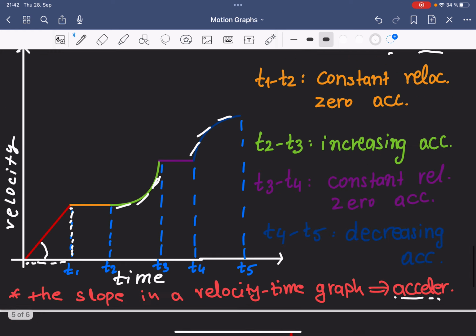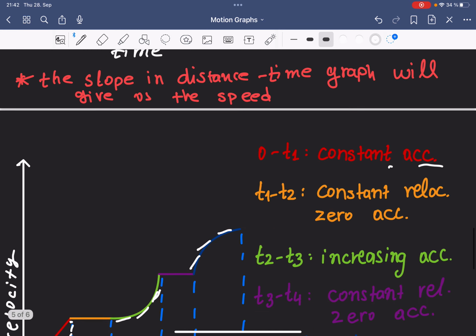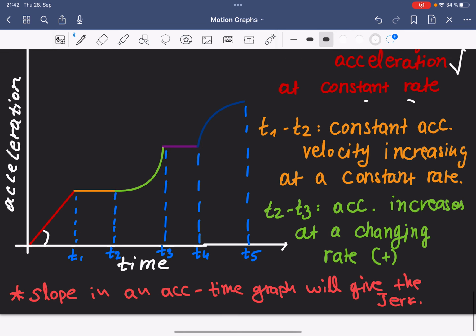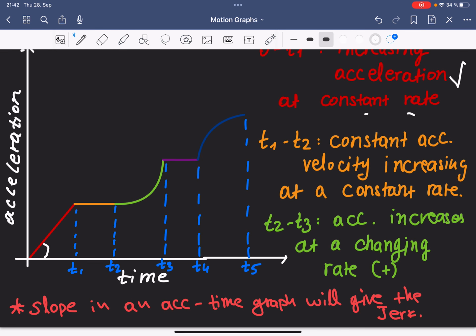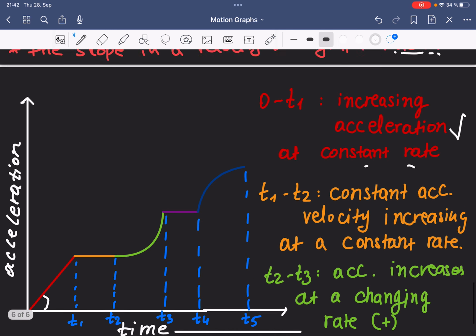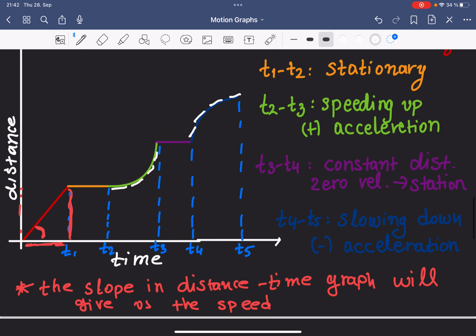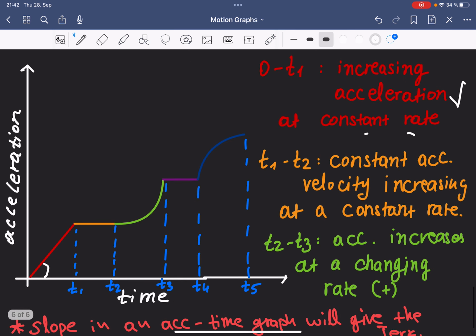By the way, this is not a one-to-one transformation of distance to velocity to acceleration time graph, which means the way the object is moving is not fully represented and transformed from one graph to the other, okay? So to avoid any confusions.